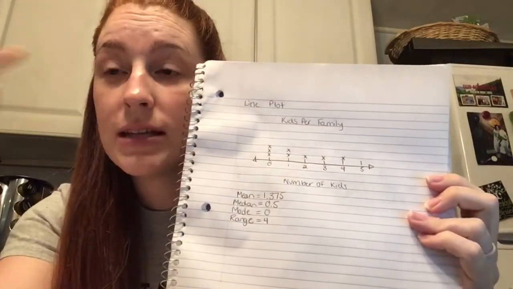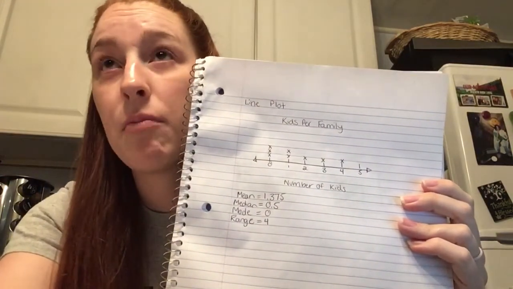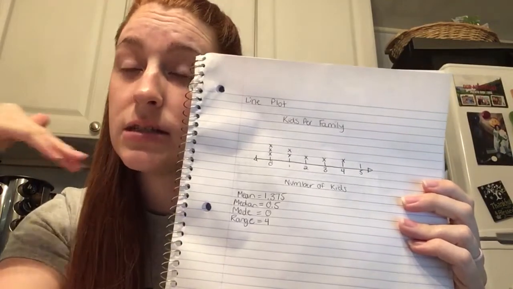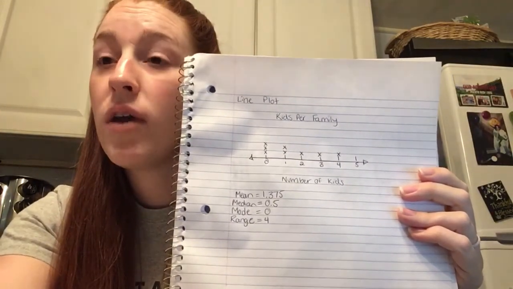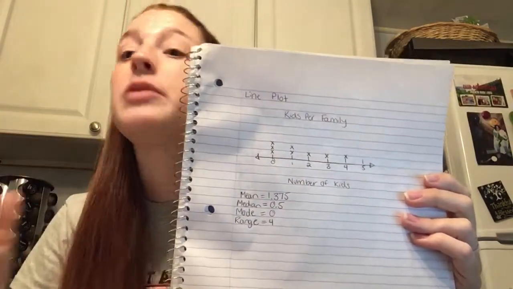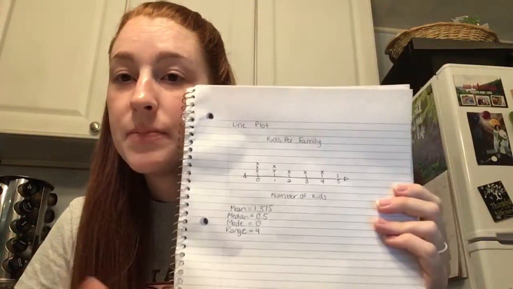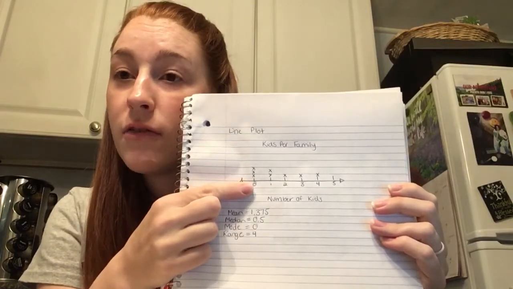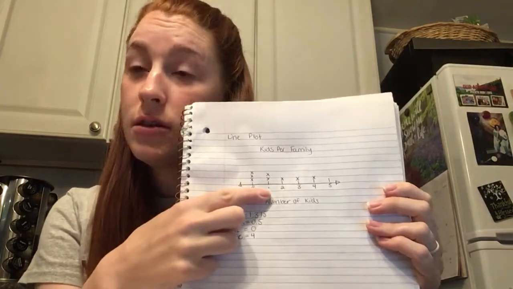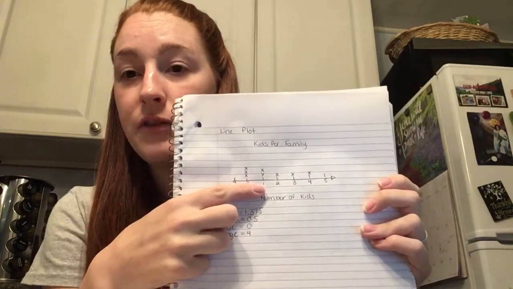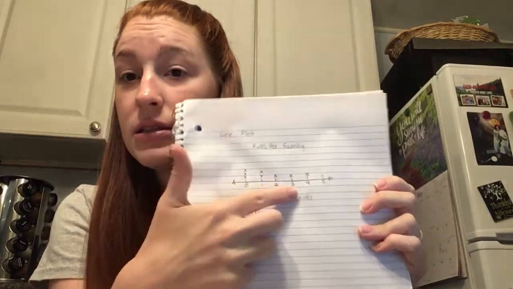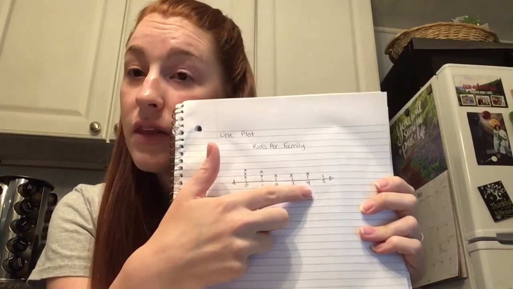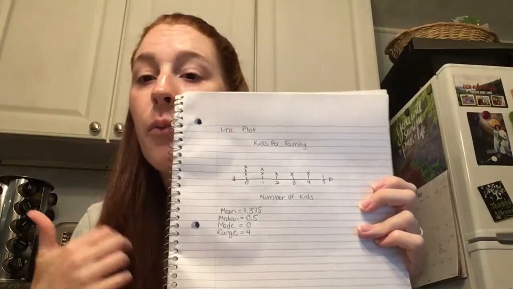Basically, based off of my family, like my brothers and sisters and my husband's brothers and sisters, I figured out how many kids we have per family. So 3 of our siblings have no kids, 2 of us, including ourselves, have 1. One of his sisters has 2 kids, one of them has 3, and then the other one has 4. So that's how I did it.